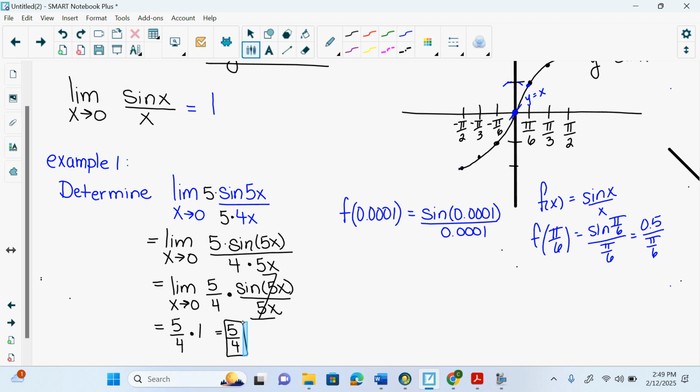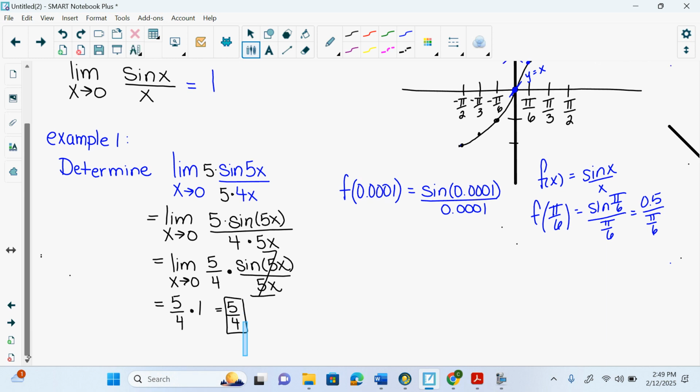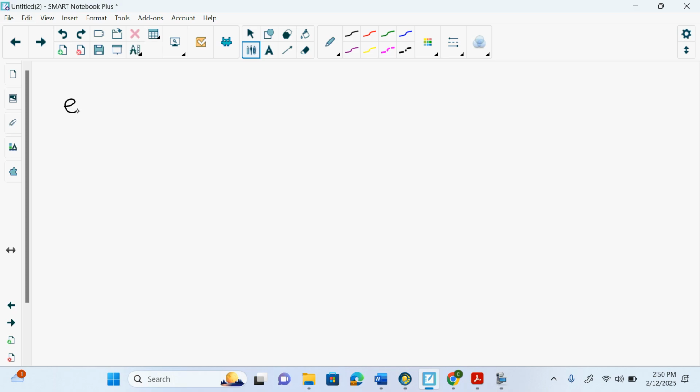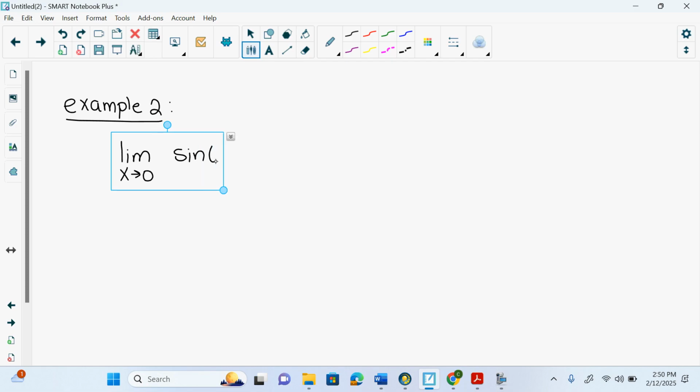So, new example, example 2. The limit as x goes to 0 of sine 6x over sine 5x.